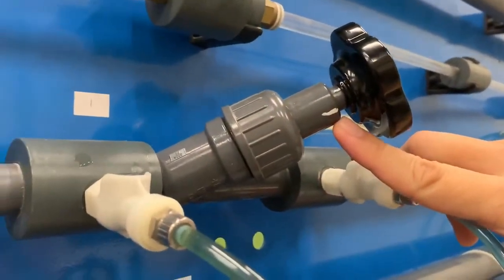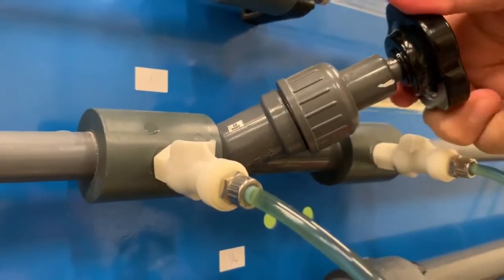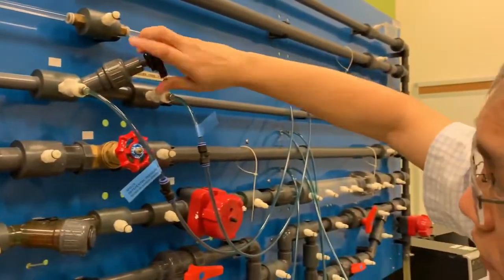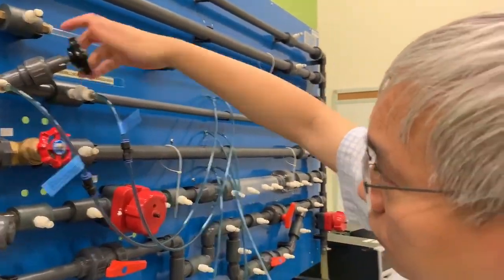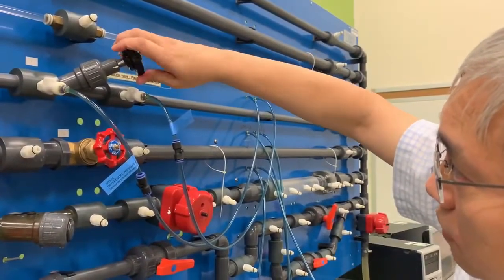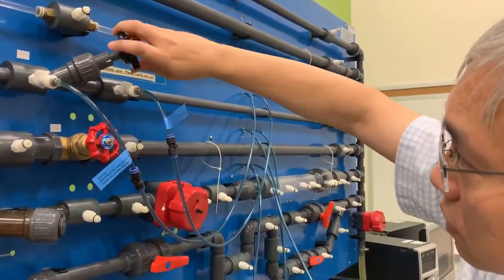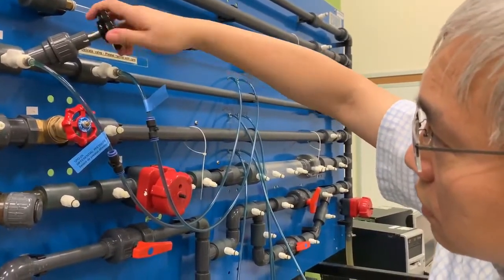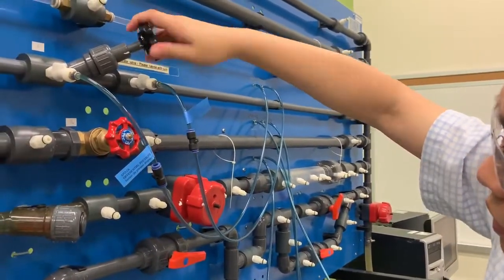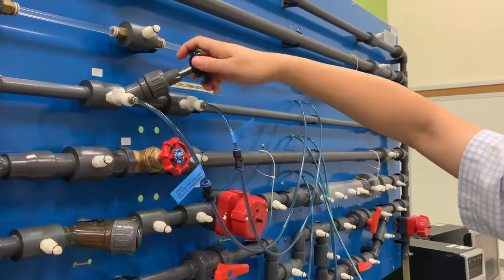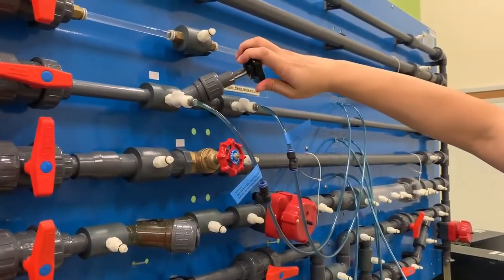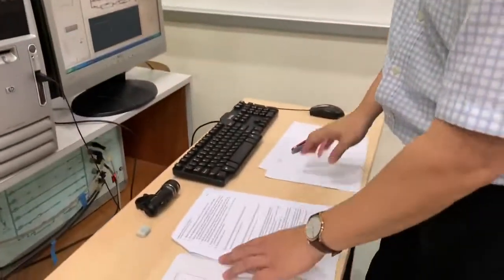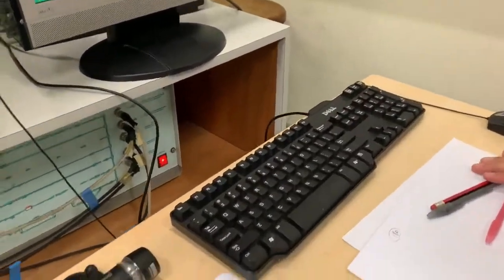Here is 0.9 approximately, and then we need to count how many turns from fully closed to fully open. 1, 2, 3, 4, 5, 6, 7, 8, 9, 10, 11, 12, 13, 13.9, around 14. Then we record all the data for all the stages.